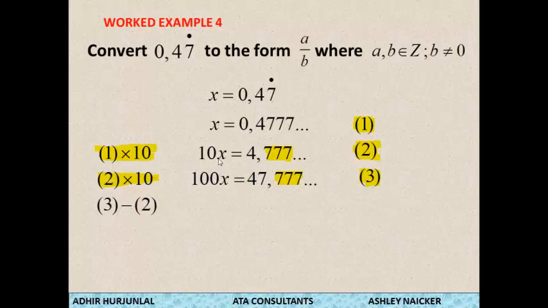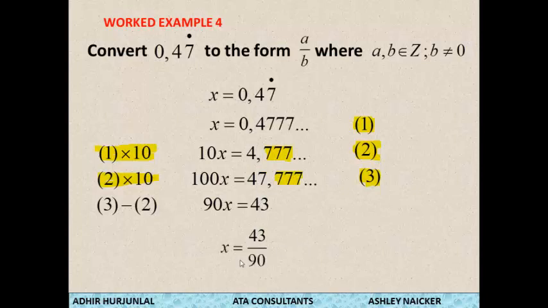100x minus 10x, not 999 now, guys. Now it is 90x. 47,777 minus 4,777. Thank you. Ignore these. It's the same as 47 minus 4, which is equal to 43.